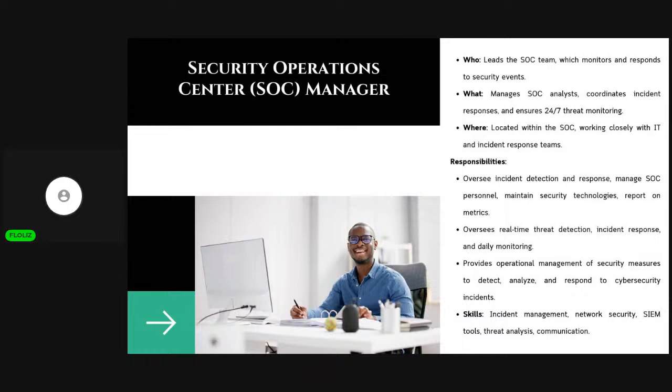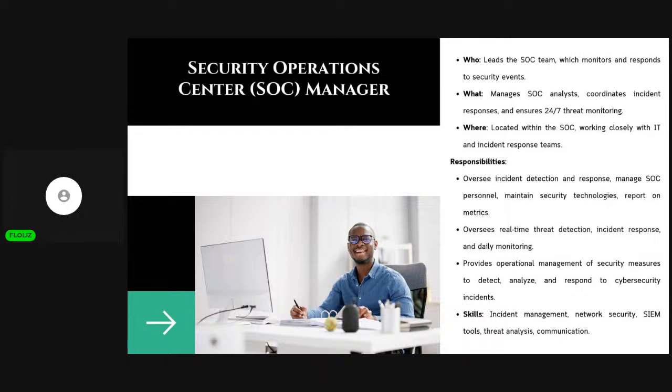So, what will be the person's responsibility? One is to provide operational management of security measures in terms of detecting threats, analyzing threats, and making sure that vulnerabilities are not exploited when it comes to the center, and also having real-time threat detection and reporting this daily to the organization. And if it's an ecosystem, report it to all partnering institutions.